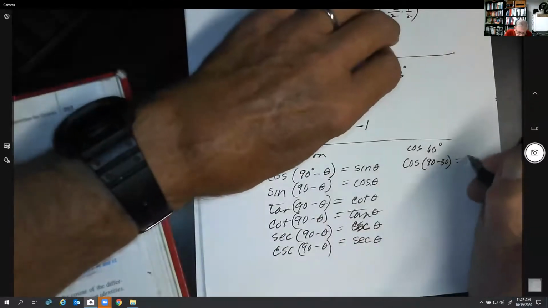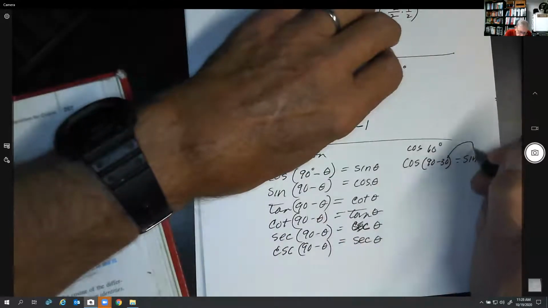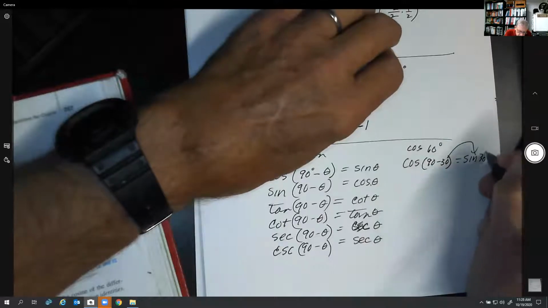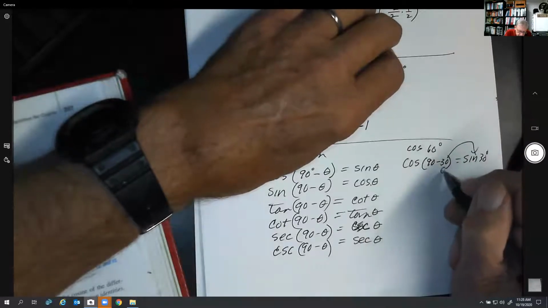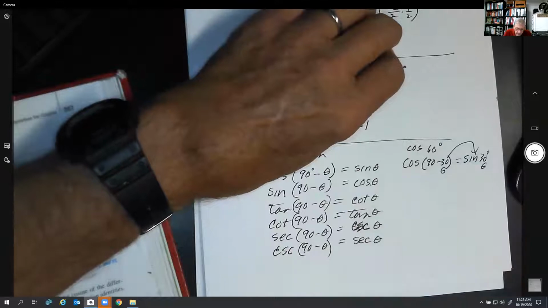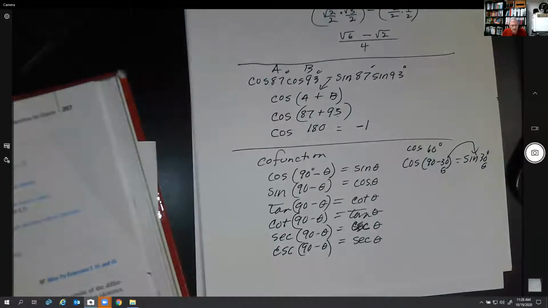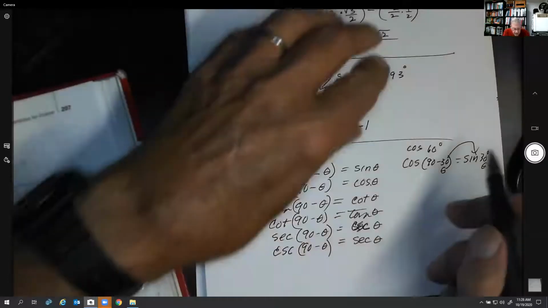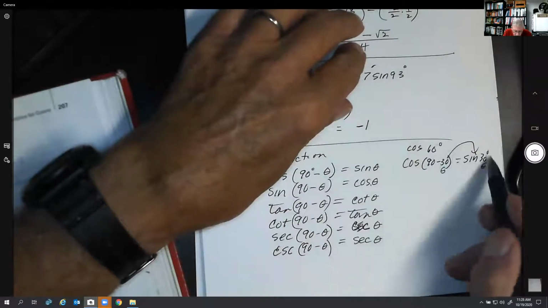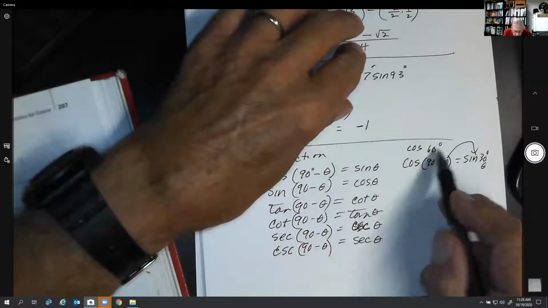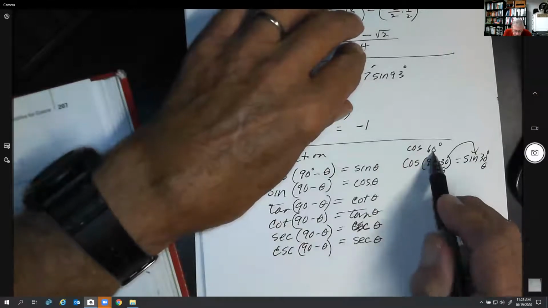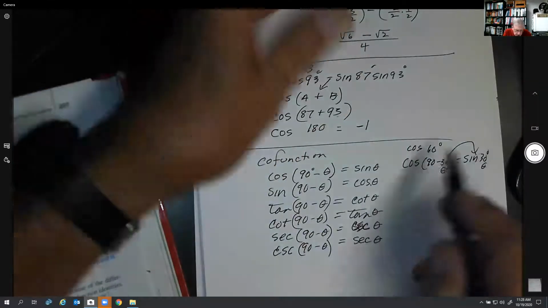Which is the same as the sine of 30 degrees. So the cosine of 60 and the sine of 30 are the same thing. If you notice, these two angles add up to 90 degrees, right? So 60 degrees, 30 degrees, 90 degrees.